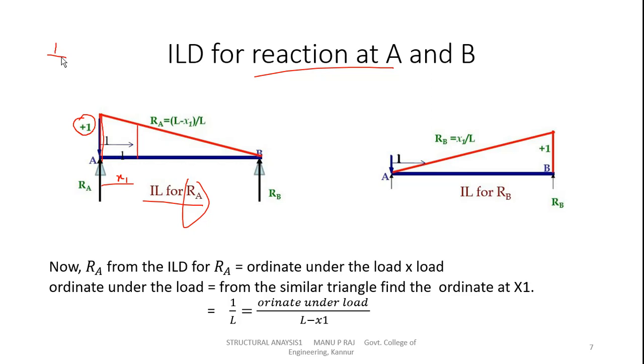So for this triangle, 1 by the length of the beam L equals this ordinate you want to calculate. Let it be ordinate O. So 1 by L equals O by this length. If this length is x1, then this will be L minus x1. So O by L minus x1.